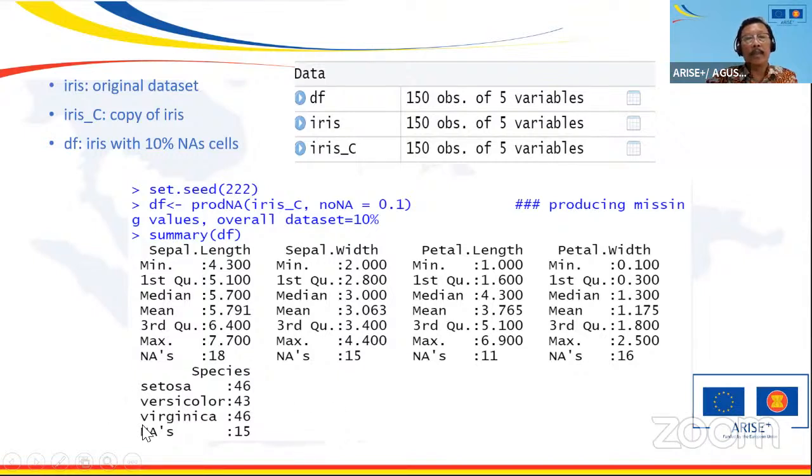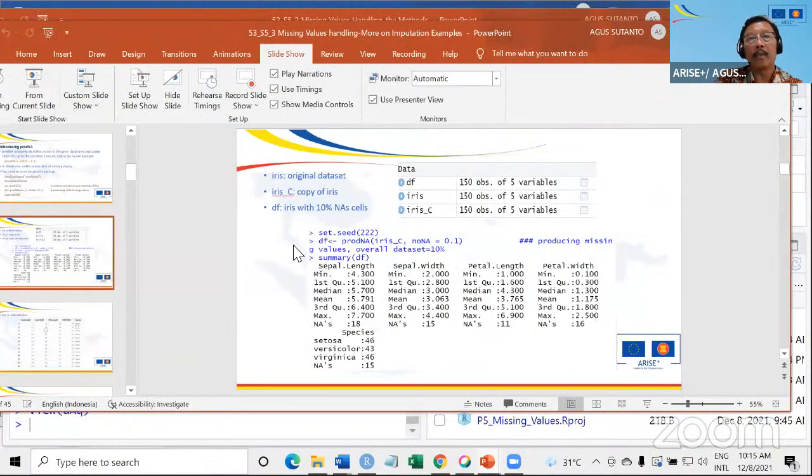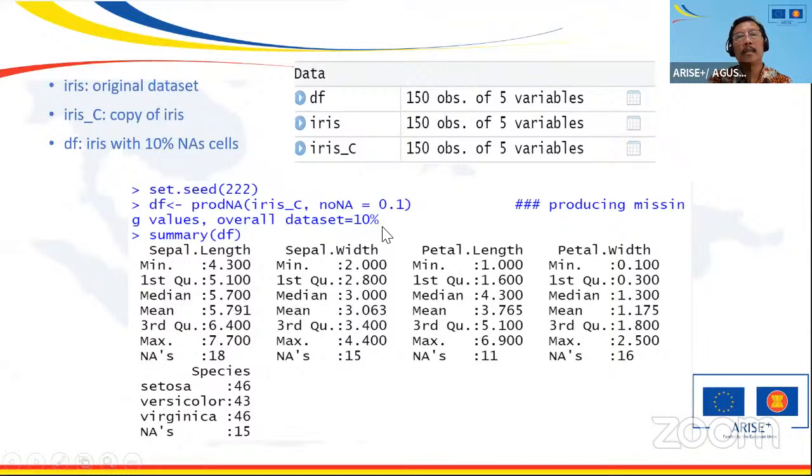But on average, is this 10%? Sorry, maybe more than 10%. Oh yeah, 10% of course, because the number of observations for the iris is how much? 150, right? So 150, 10% is 15, right? On average. So this is 15, this is 11, yeah. The average is 15. Okay.